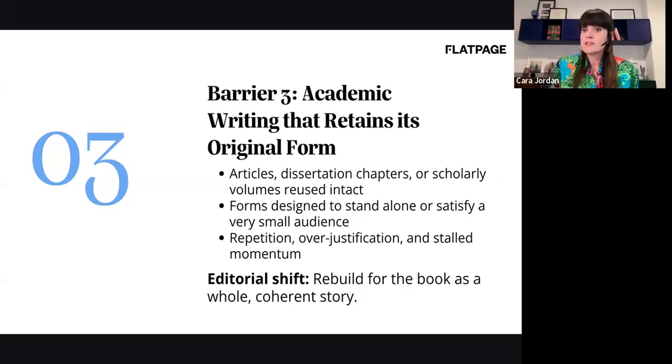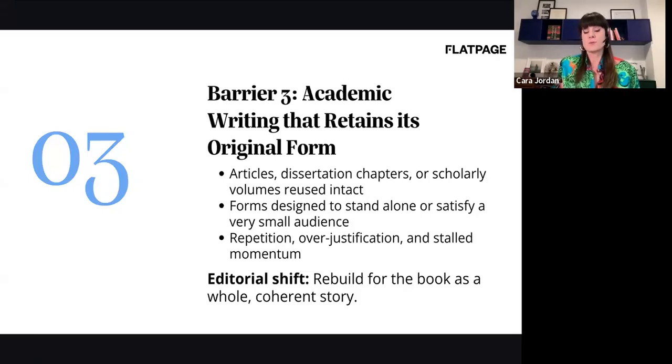But the problem is that most of those academic forms are designed to stand alone, like standalone journal articles and chapters in multi-author volumes. They each introduce their own framework. They restate their stakes. They conclude as if they're the only thing the reader is going to encounter. When these forms are placed side by side in a book for wider audiences, though, the result is repetition and stalled momentum.